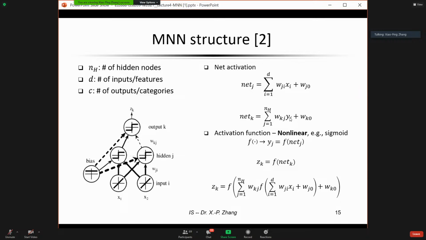What do you think? Would you rather use one linear function or multiple linear functions like a linear neural network? What do you think? You're using one, why? Less computation. Yeah, that's very good. Anyone argue for using multiple?